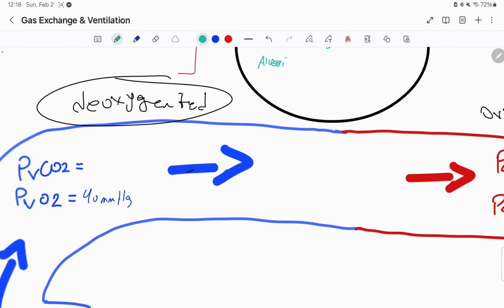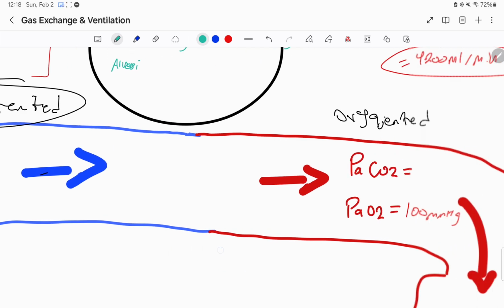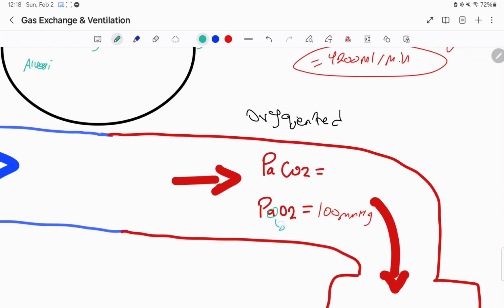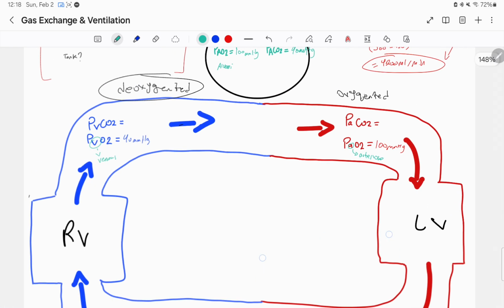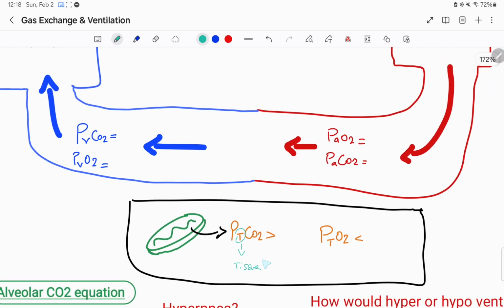Anytime you see a V, that's for the venous side of the blood, and anytime you see a little a, it's for the arterial side of the blood. We also have T, which stands for tissue. You might see these abbreviations change from place to place, but this is what we're working with.